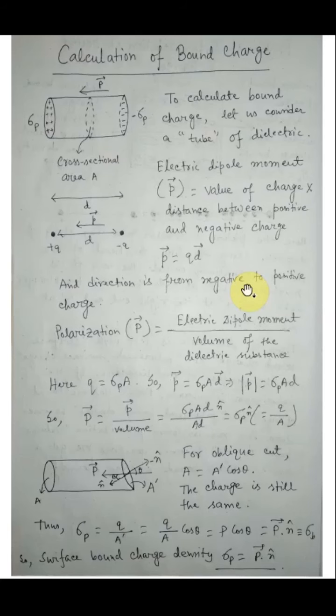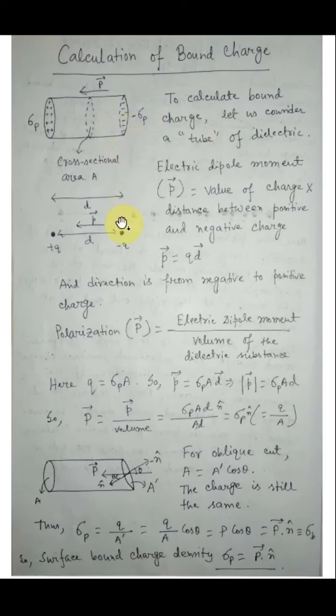Now let's calculate the form of the bound charge. To calculate the bound charge, let us consider a tube of dielectric medium. Here you can see at this surface of the tube, positive charge is accumulated, and here negative charge is accumulated due to application of electric field.